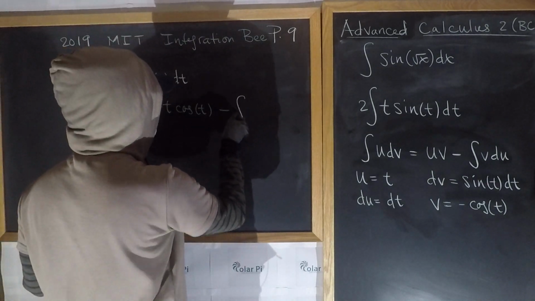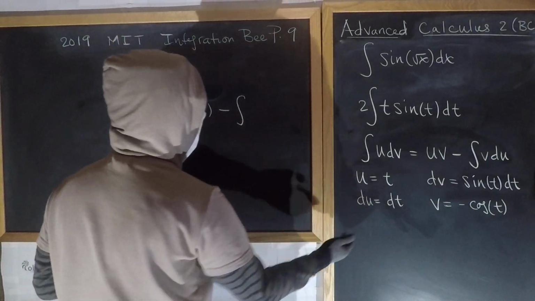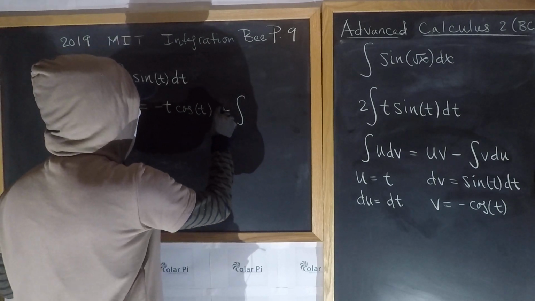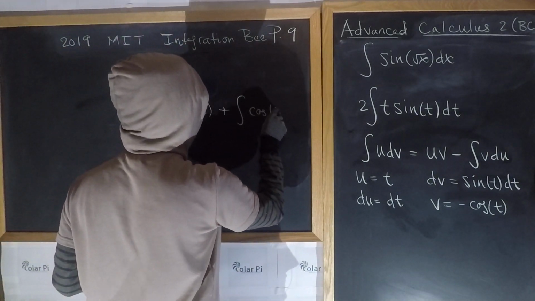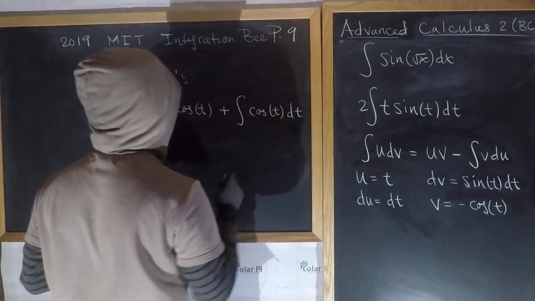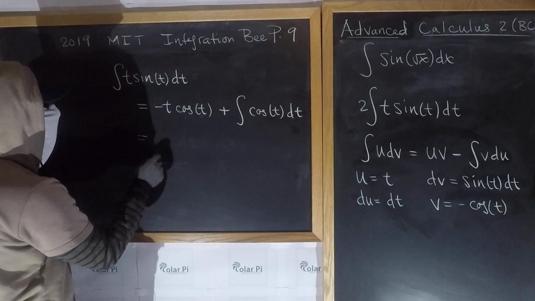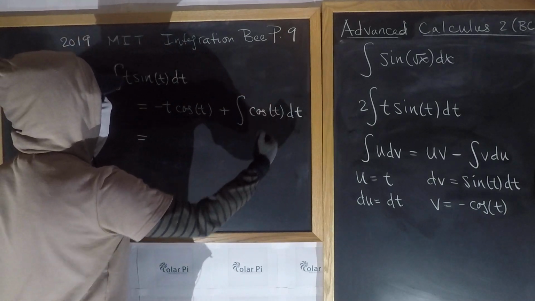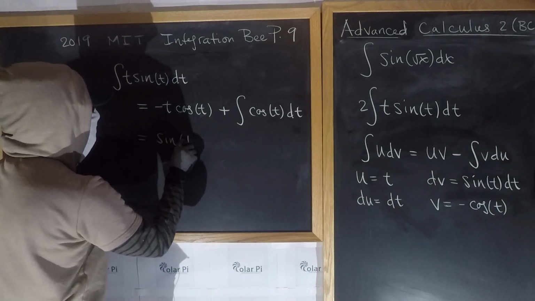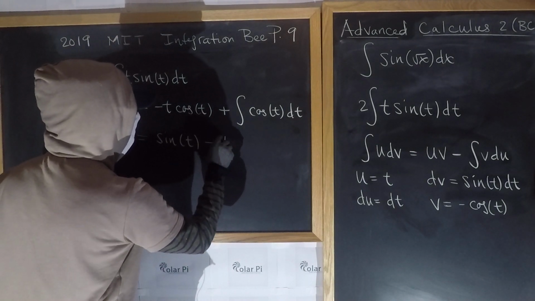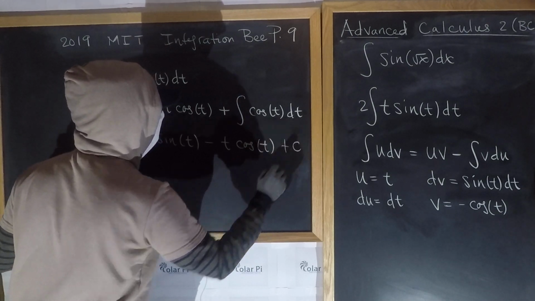So that's minus the integral of negative cosine t dt, right? The negative we could just do away with, and so we get the integral of cos t dt. Then what's the antiderivative of cos t? That's sine t. So if we lead with the positive, it'd be sine t minus t cos t, and of course plus c.